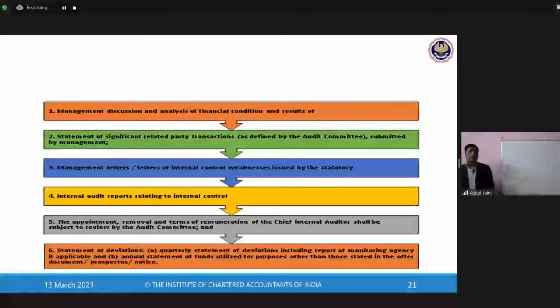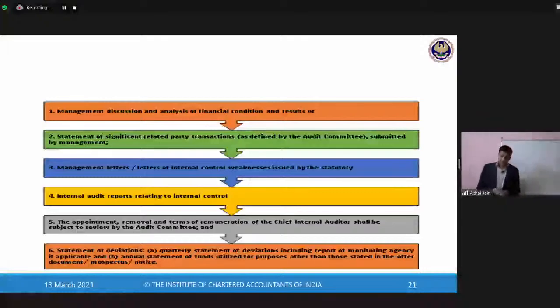So if the funds have been obtained and those funds were specified to be utilized for a particular purpose, but those are not utilized for that purpose, then those are required to be reported, and a statement of deviation is required to be prepared for that. Such statement of deviation is once again required to be reviewed by the audit committee as to what have been the reasons why all of these things would have taken place and why those may have been continued.